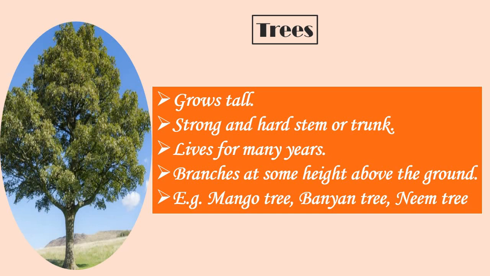A tree gives us shade and fresh air. A tree is the habitat for many birds. Trees play an important role in rain cycle. Trees also prevent soil erosion. For example, mango tree, banyan tree, neem tree, etc.